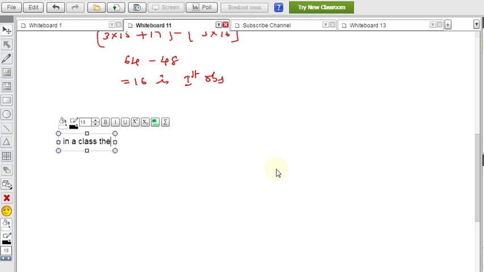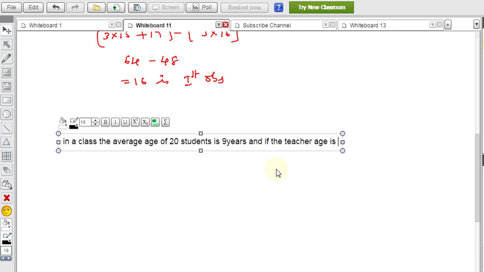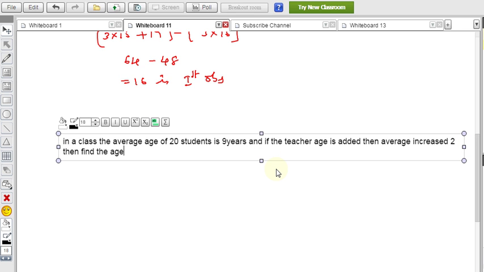In a class the average age of 20 students is 9 years, and if the teacher's age is added, then the average increased to some value. Then find the age of the teacher.